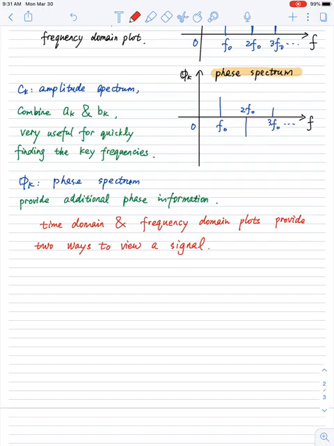Now let's consider one example. So let's again consider the pulse train model, the pulse train signal. So let's plot it.